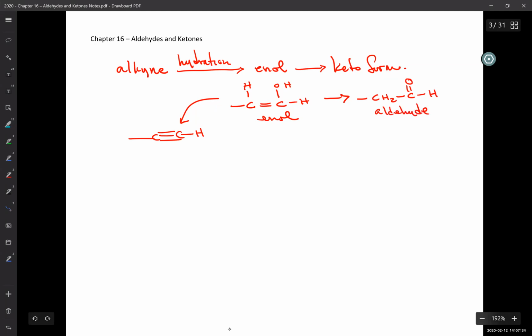If you protonate this one, if you create the alcohol at this point, then your enol looks like this. Okay. And this will form the ketone.